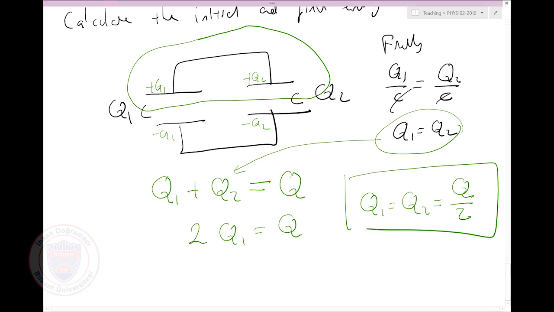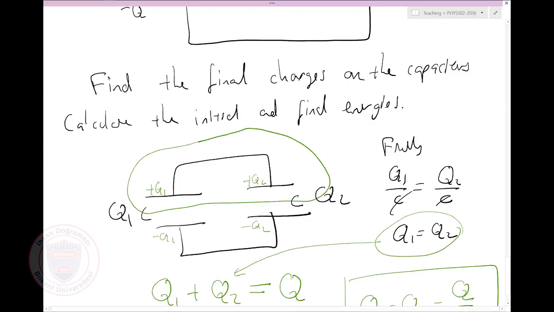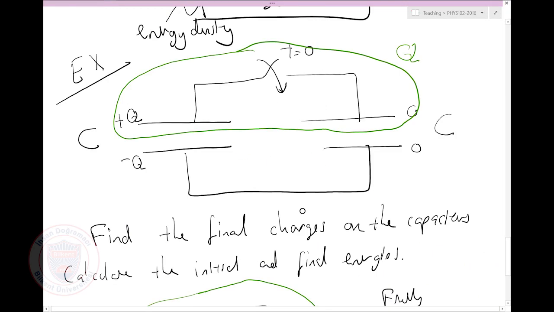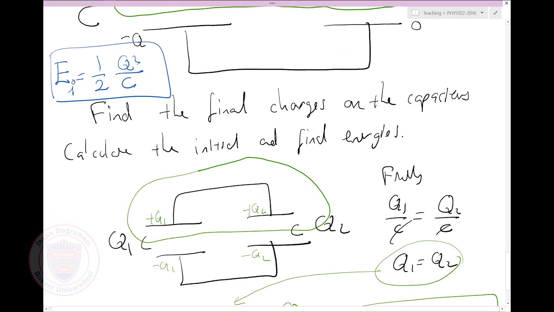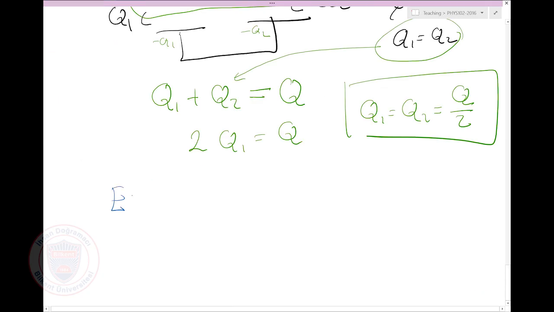But now, let's look at the energy. What's the energy in the initial situation? 1/2 Q square over C. So this is my initial energy. What's my final energy?